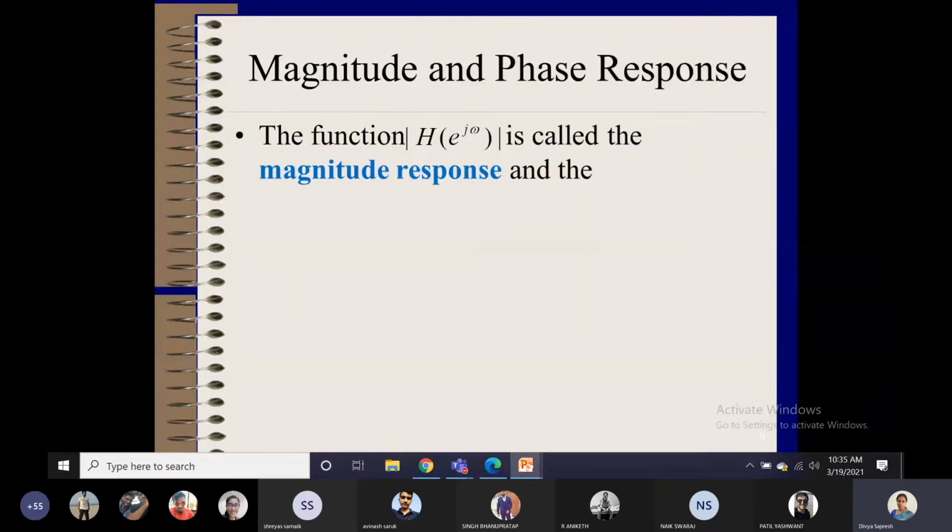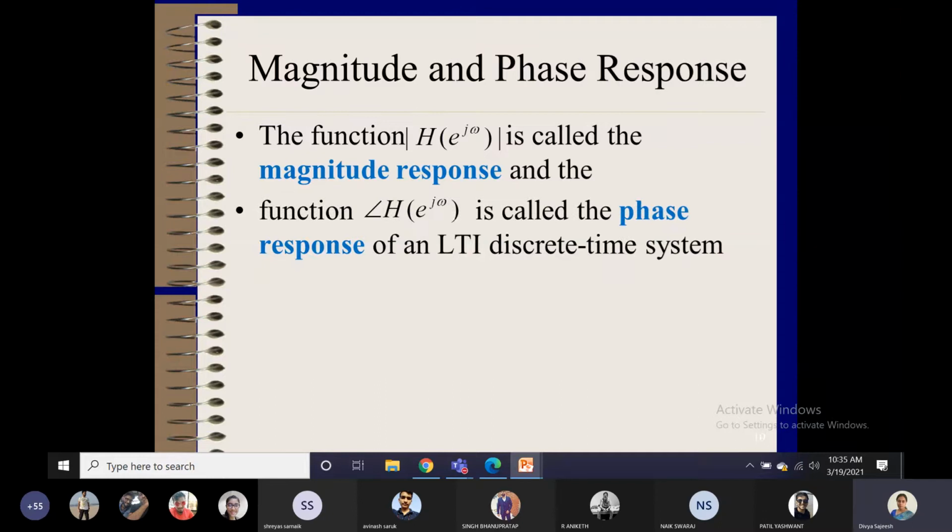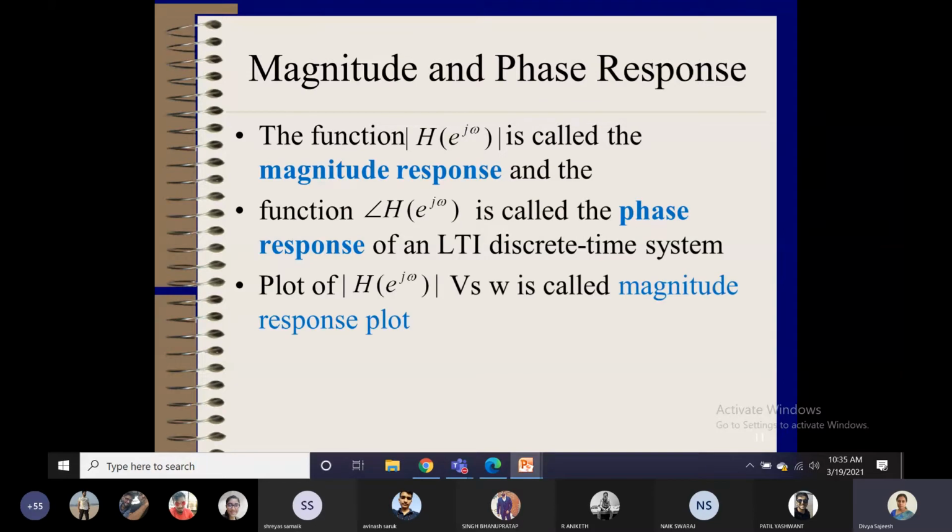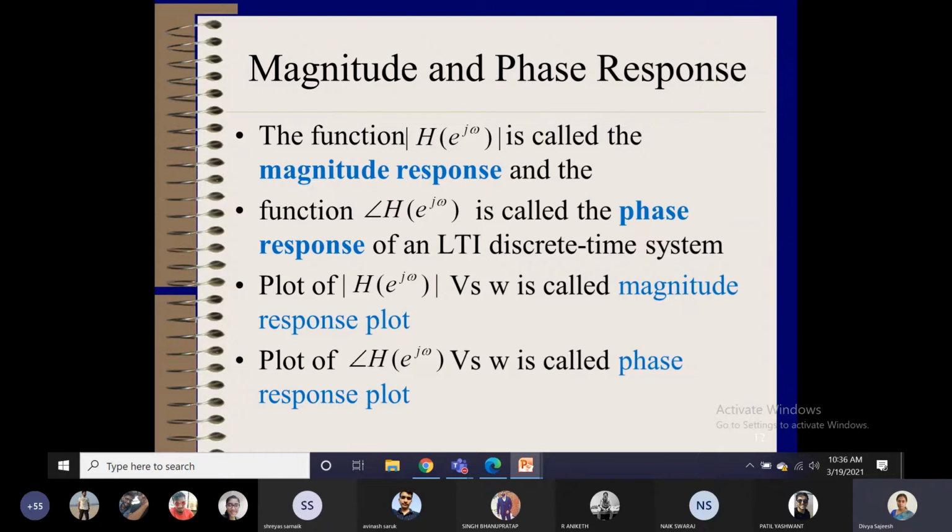So the magnitude of H of e raised to j omega is known as the magnitude response, and the angle of H of e raised to j omega is known as the phase response of the discrete time system. The plot of magnitude versus omega is called the magnitude response plot, and the plot of angle of H of omega versus omega is called the phase response plot.